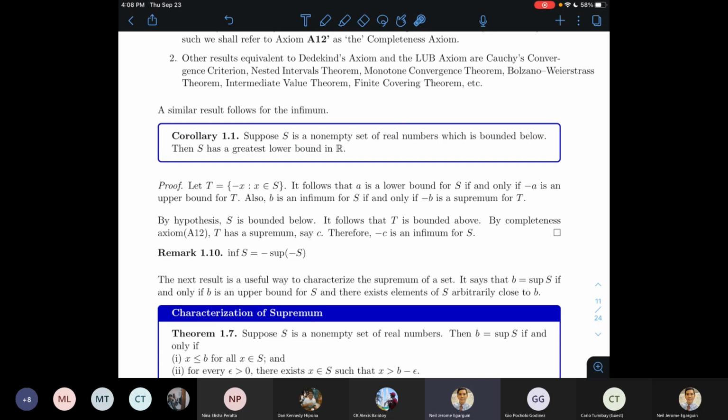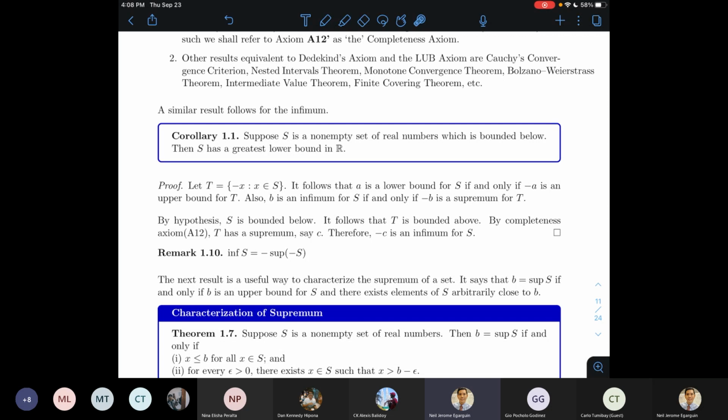Then it follows that S has a greatest lower bound in R. And again, another term for the greatest lower bound or the GLB is the infimum. So kung siya ay bounded below, lagi siyang merong real number as an infimum. Okay? And this is a corollary to the LUB property because we relied on the LUB axiom in order to prove this result.